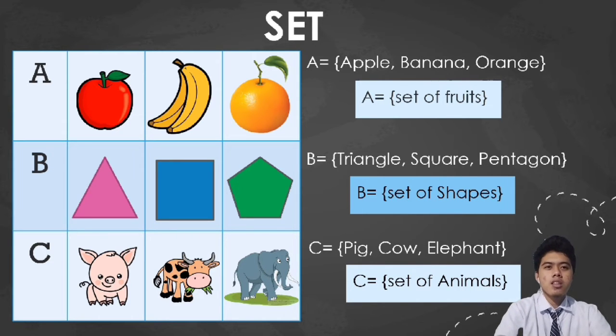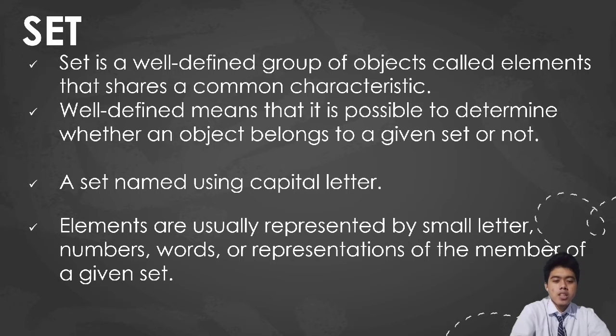So what exactly is a set? A set is a well-defined group of objects called elements that share a common characteristic. It says well-defined, but what exactly is a well-defined group of objects? When we say well-defined group of objects, it means that it is possible to determine whether an object belongs to a given set or not.